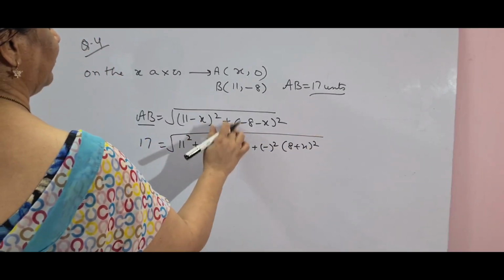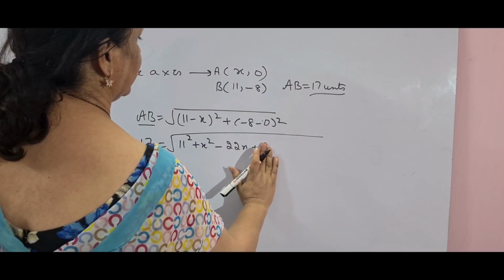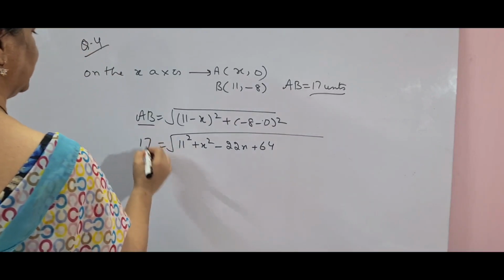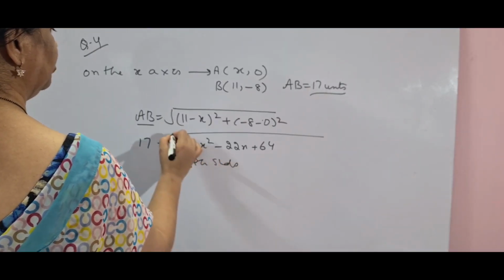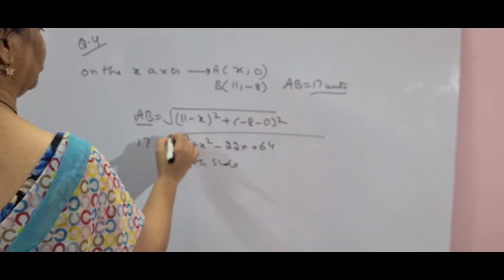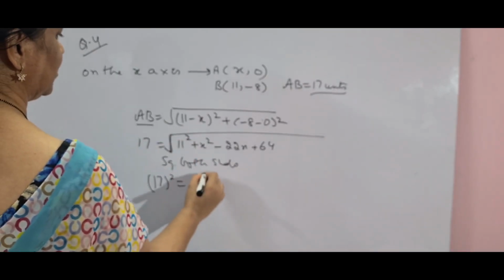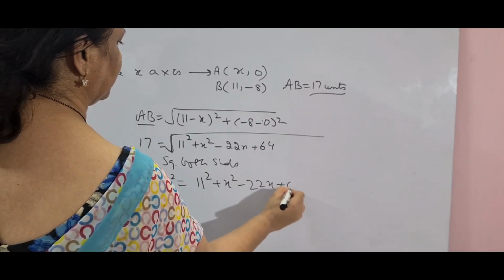It is minus 8 minus 0, so it will be direct 64, (minus 8) whole square, 64. Then you have to square both sides to eradicate the square root. So 17 square, that is 289, will be 11 square plus x square minus 22x plus 64.